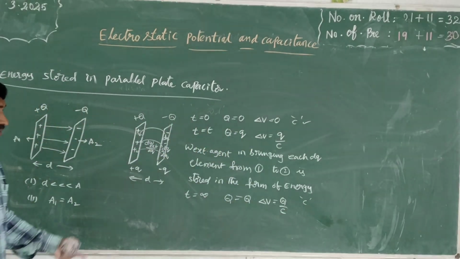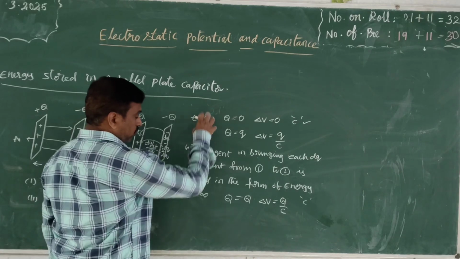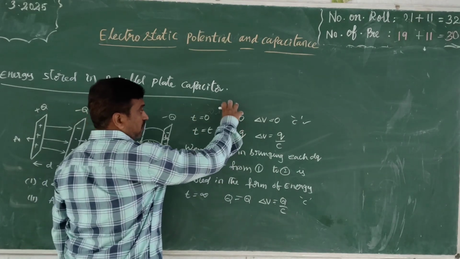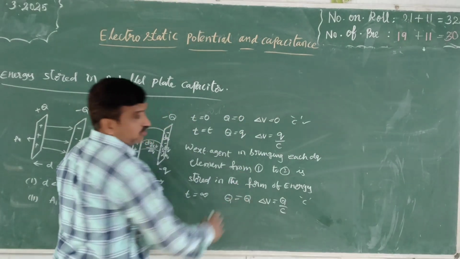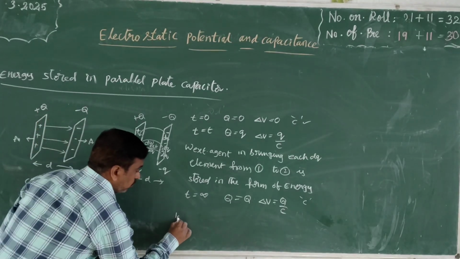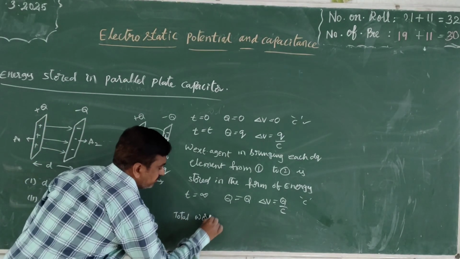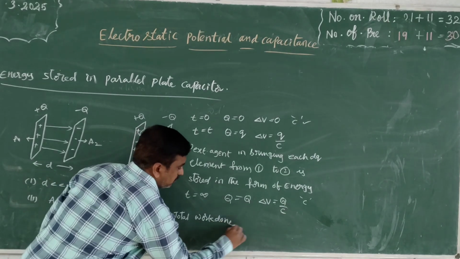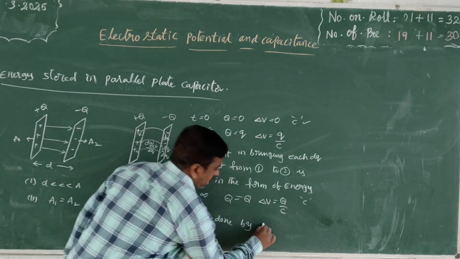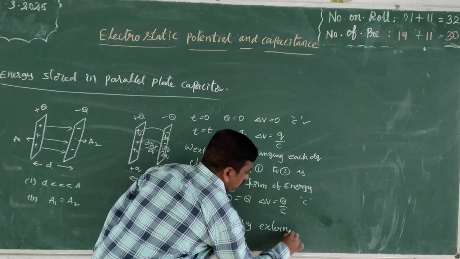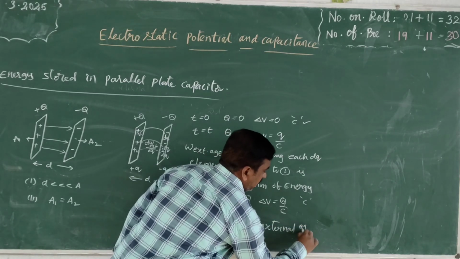From t equal to 0 to t equal to infinite time, the charge goes from q equal to 0 to q equal to Q. Here we find the total work done by the external agent.